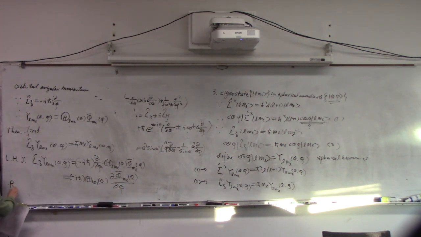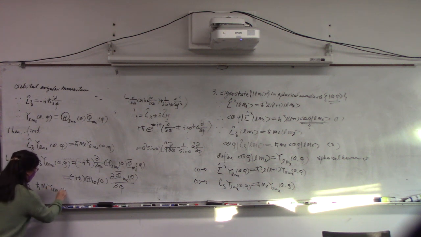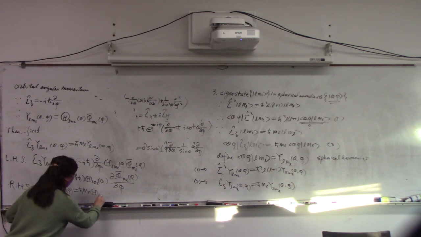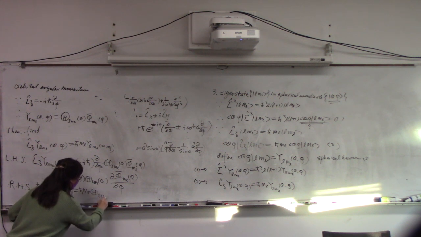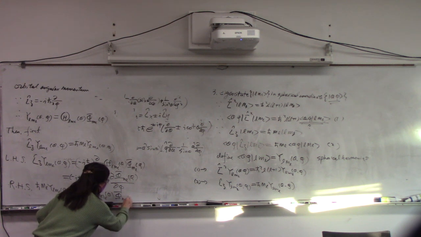The right hand side is simple, we just substitute: h bar m_L Y_L^{m_L}(theta, phi) is equal to h bar m_L Theta_L^{m_L}(theta) and capital Phi_{m_L}.